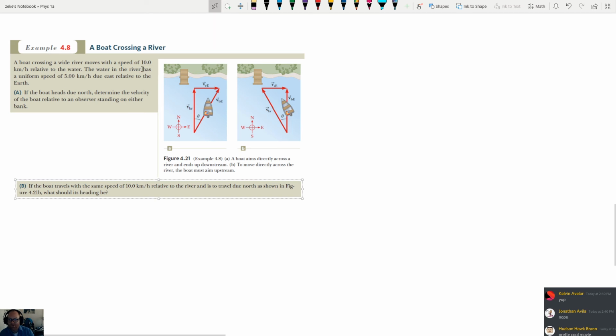The water in the river has a uniform speed of 5 kilometers per hour due east relative to the Earth. If the boat heads due north, determine the velocity of the boat relative to an observer standing on either bank. And then if the boat travels with the same speed of 10 kilometers per hour relative to the river, and is to travel due north as shown, what should its heading be?